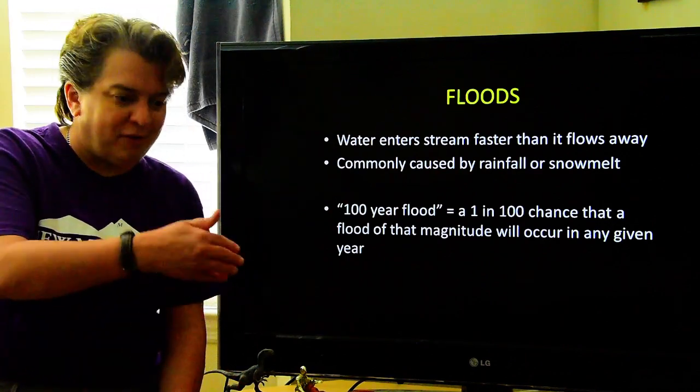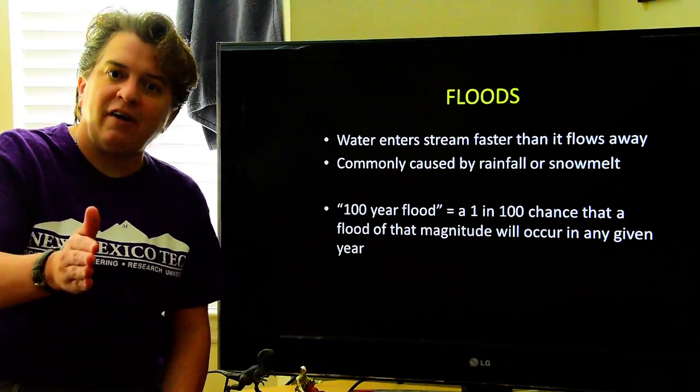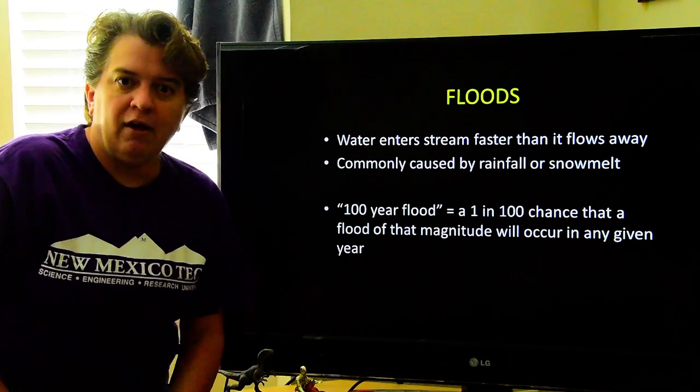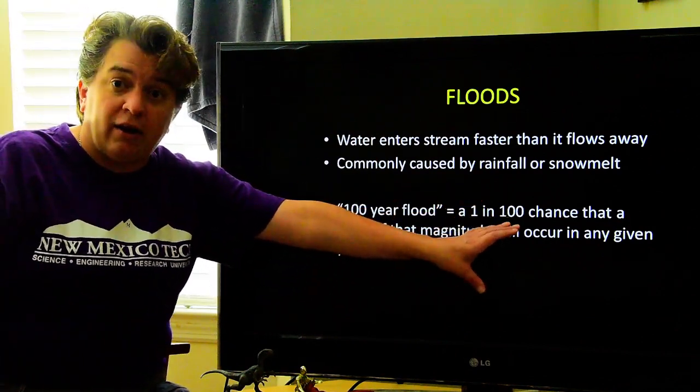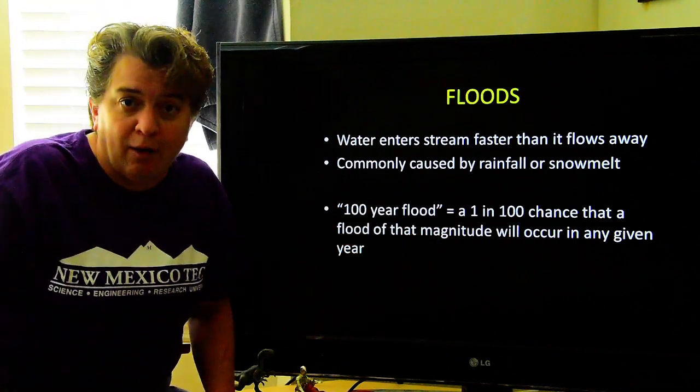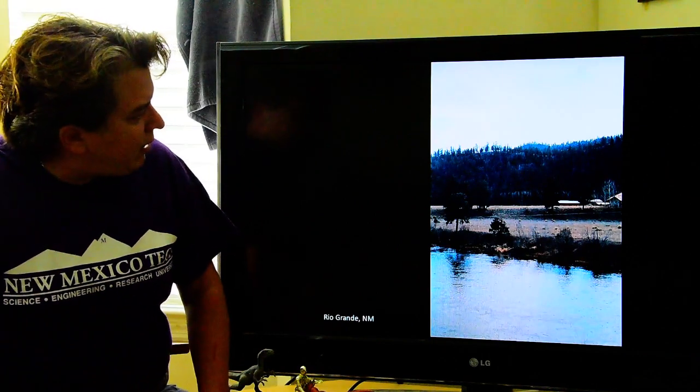Flip it the second time, you still have a 1 in 2 chance. Same thing: every year you have that 1 in 100 chance of a 100-year flood happening. So just remember that.